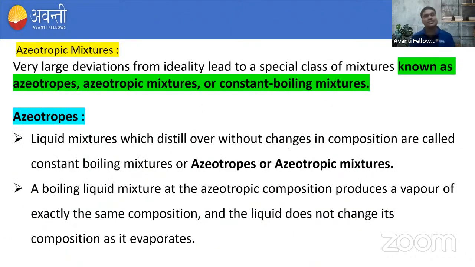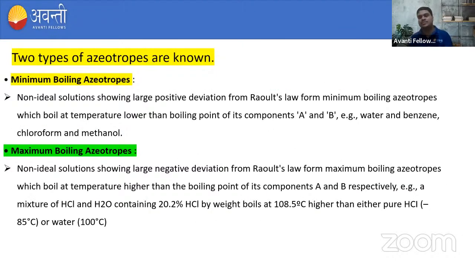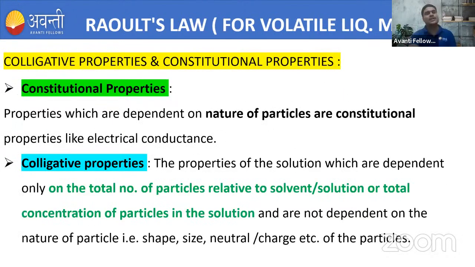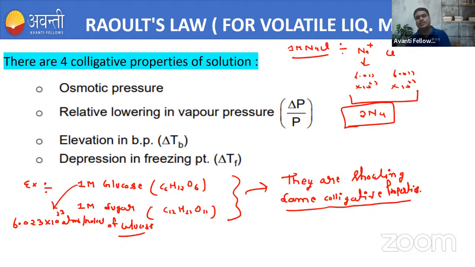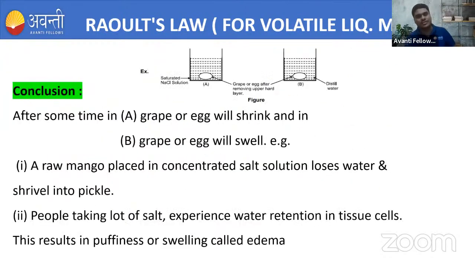And the curve, azeotropic mixture, two types of azeotropic mixture we have, minimum boiling azeotropes and maximum boiling azeotropes, and colligative properties. That is, what are colligative properties and such type of very important question, that is, out of 1 molar glucose, 1 molar sugar, 1 molar NaCl, right? And osmosis and osmotic pressure.